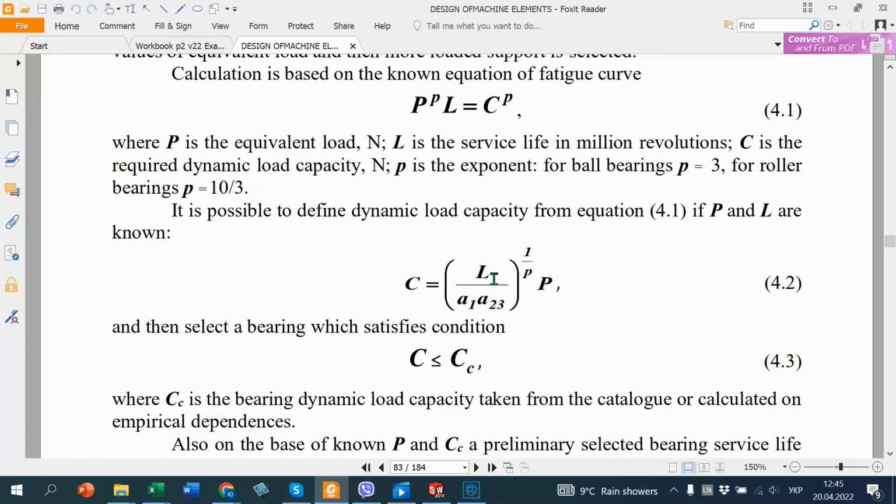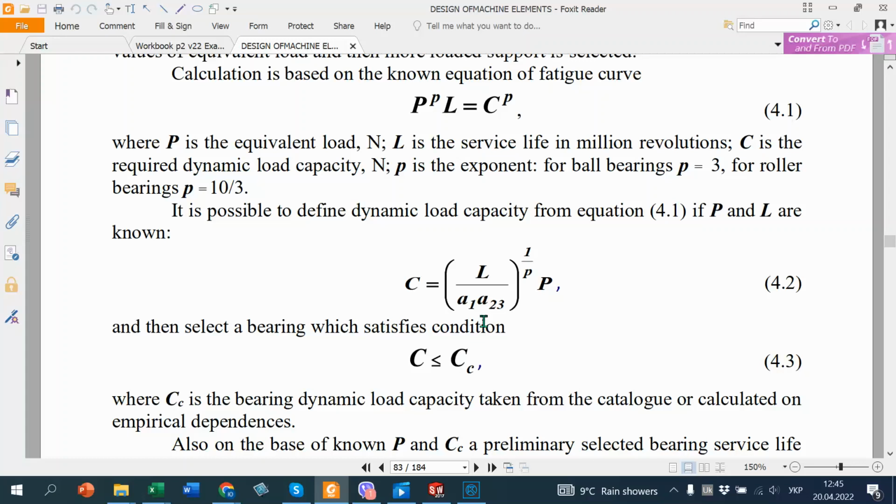And L is the service life in millions of revolutions. In millions because the catalog value is a value under which load the bearing should operate 1 million revolutions.